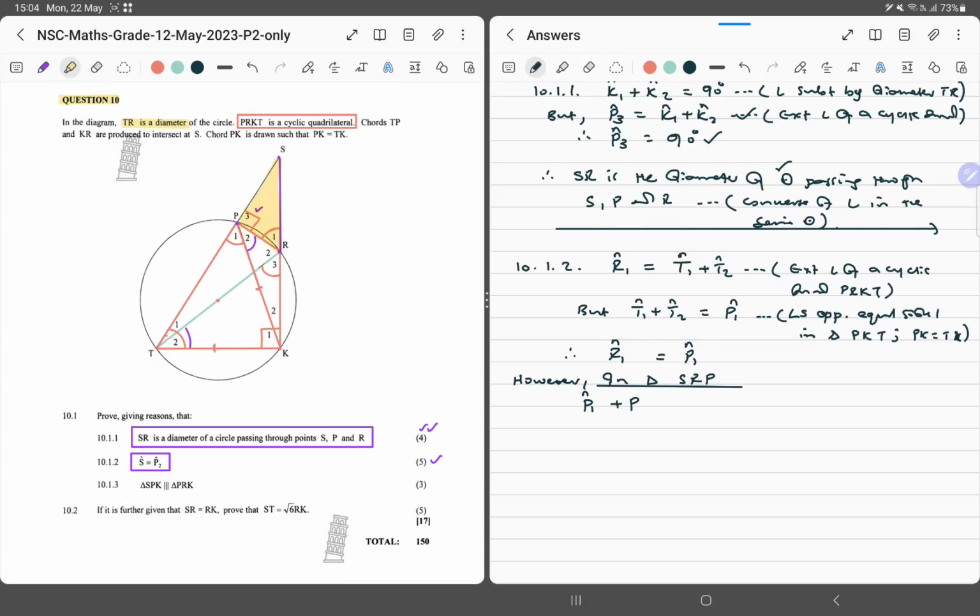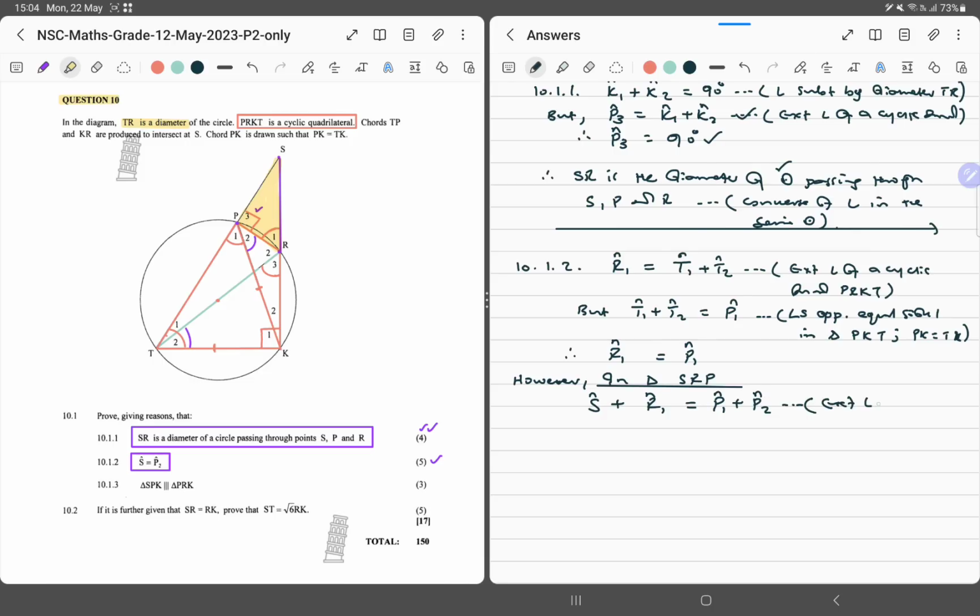We know that angle S plus angle R1 must be equal to angle P1 plus angle P2.